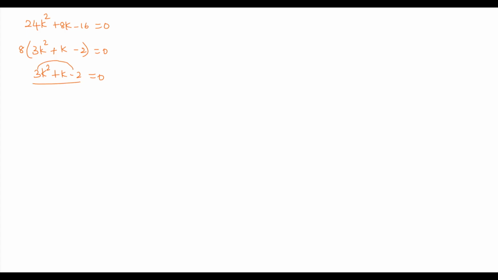Multiply 3 and 2, we will get 6, for which you have to find the factors. Always remember, see the coefficient of k square. If it is not 1, you have to take that coefficient and multiply with the constant term, so that you will find the factors. The factors of 6 are 1 into 6 is 6, 2 into 3 is 6.